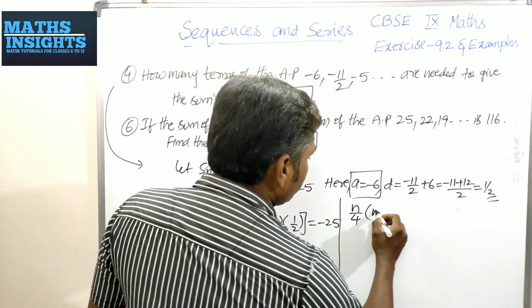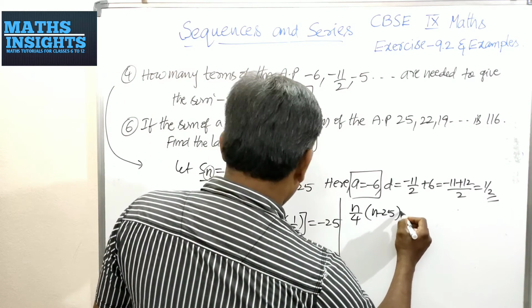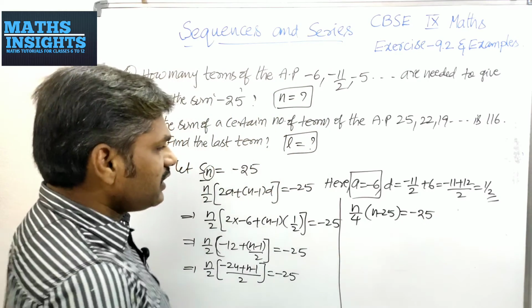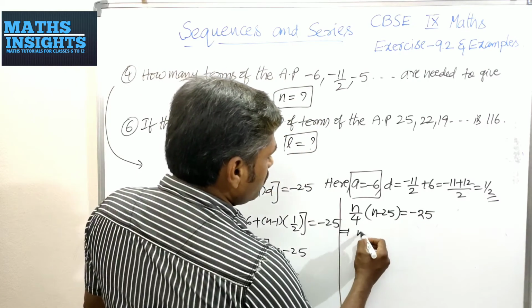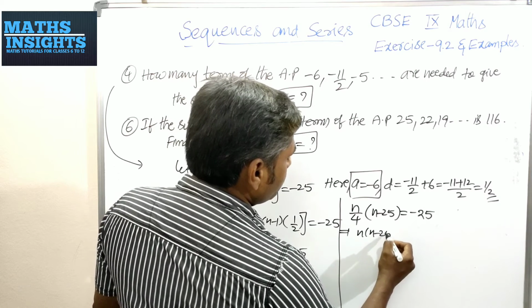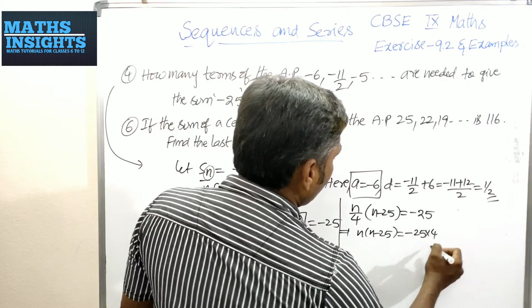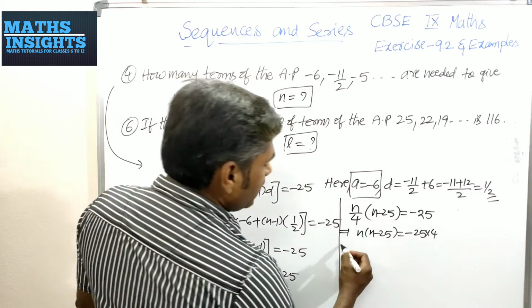Therefore n into n minus 25 by 4, that is equal to minus 25, right?